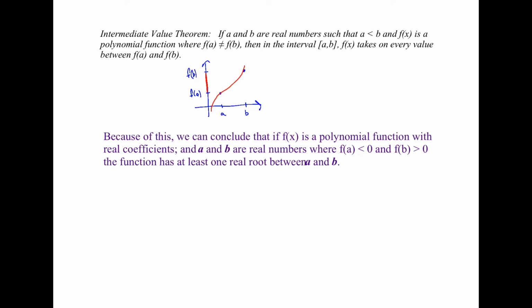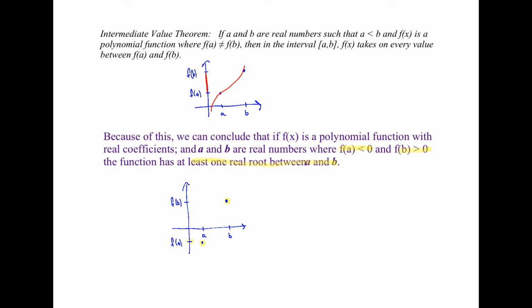And so I'm going to draw another picture so we can see that as well. So now, as I've graphed this second one, f of a is less than 0. So now I have the y value less than 0 on this point, and then f of b is greater than 0. I made sure that one was greater than 0.